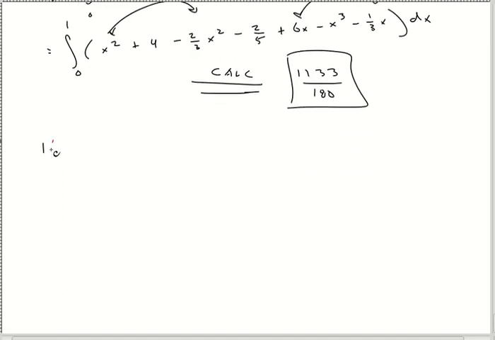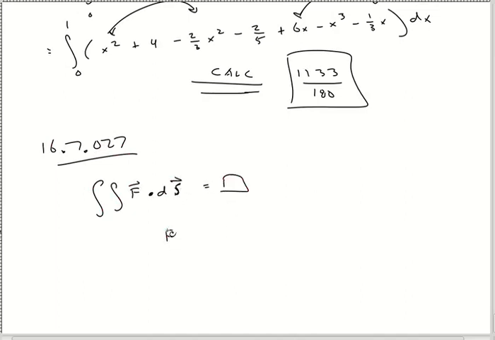Okay, last question, 167027. So I've got double integral of f vector dot dS, just like last time, equals something. My f vector is equal to 0, y, negative z.